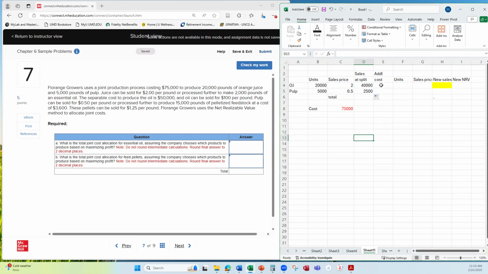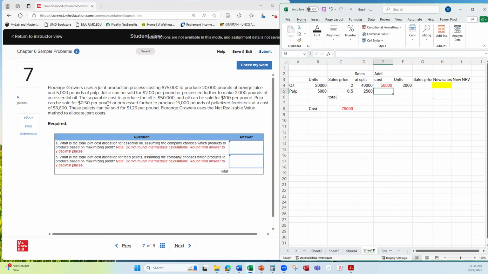Now, if we choose to process the orange juice further, we can make 2,000 pounds of essential oil and the cost is $50,000.